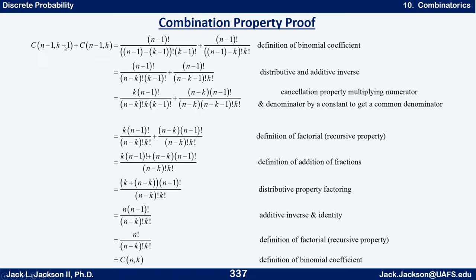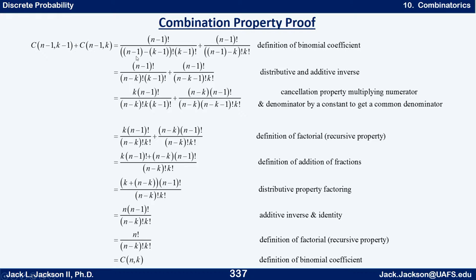So by the factorial definitions, n minus 1 choose k minus 1 is n minus 1 factorial over n minus 1 minus parentheses k minus 1, and factorial all that, and also on the bottom k minus 1 factorial. And again, by definition, n minus 1 choose k is n minus 1 factorial over n minus 1 minus k factorial, k factorial.